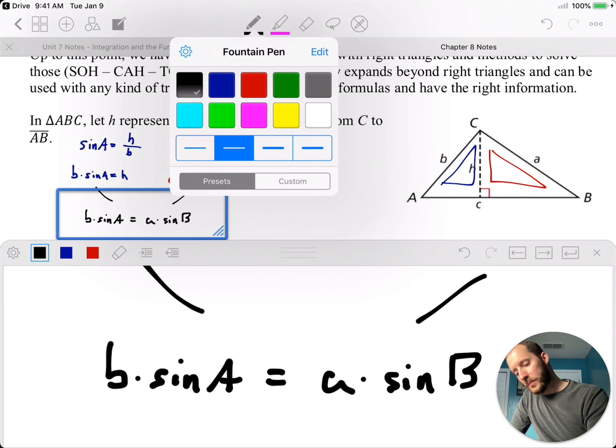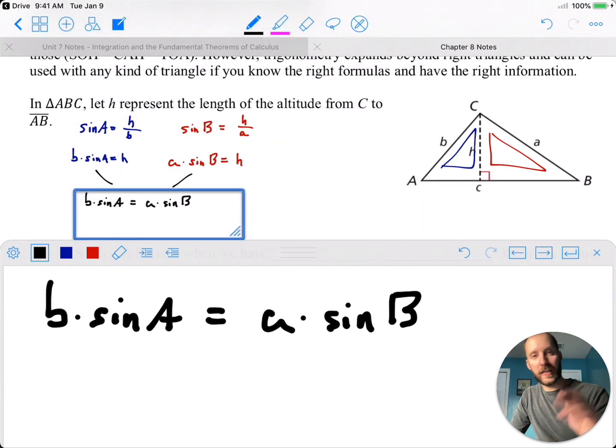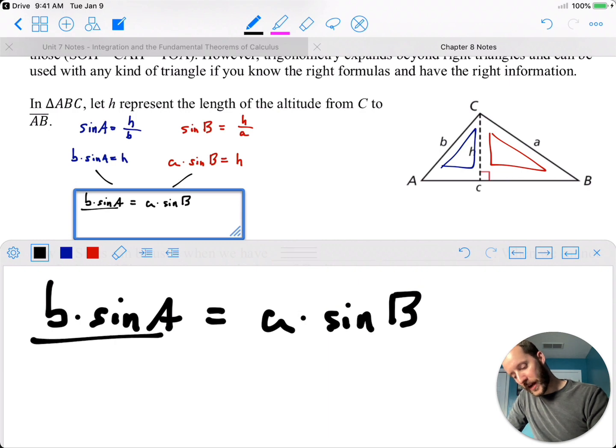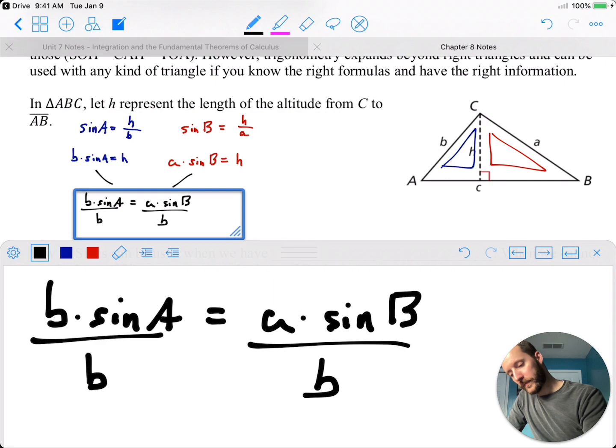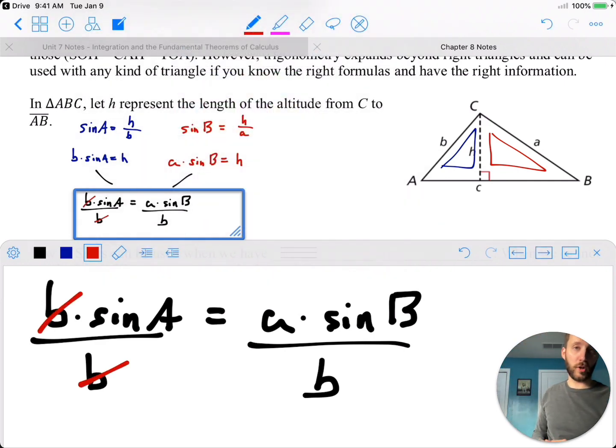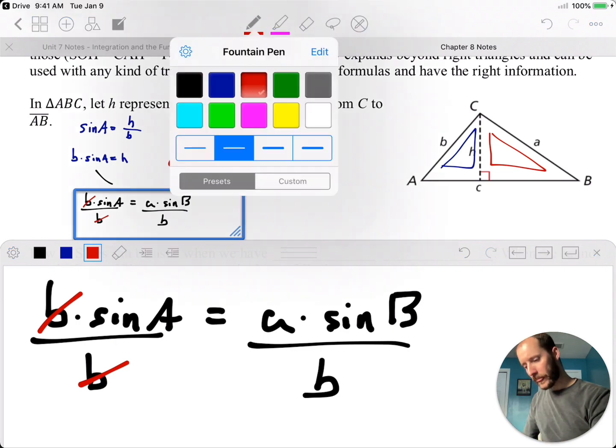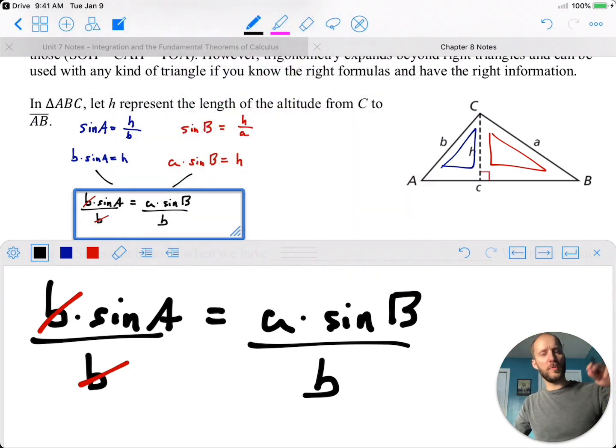So now a little bit of algebraic manipulation. Let's divide both sides by b. That cancels the b's on the left. On the right, a times the sine of angle B over b. Now let's also move the a over, so let's divide both sides by a as well.